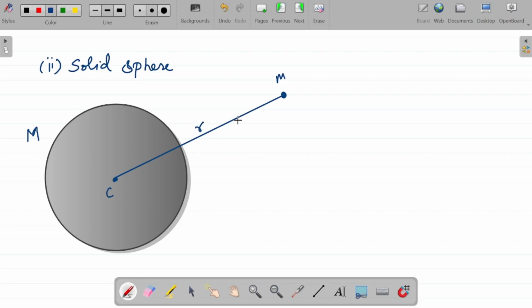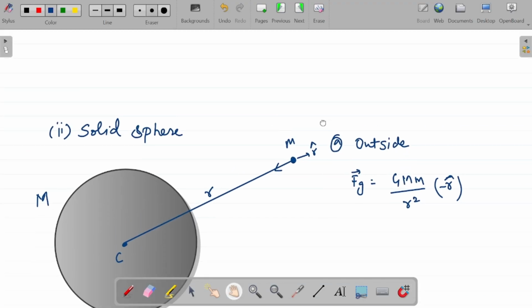So, in the first case, when the body is outside the sphere, the gravitational pull will be along this direction. Again, I am taking this direction to be r cap. So, for a body outside the sphere, Fg will be G M m divided by r square, and along minus r cap.